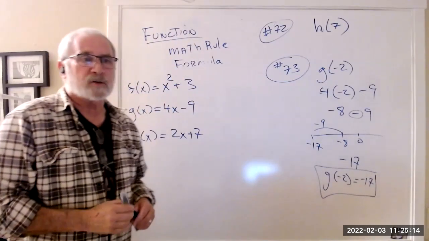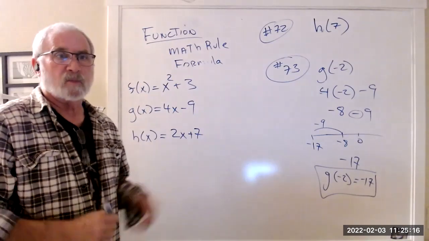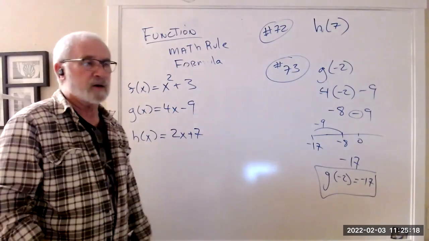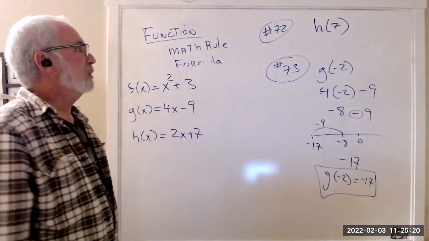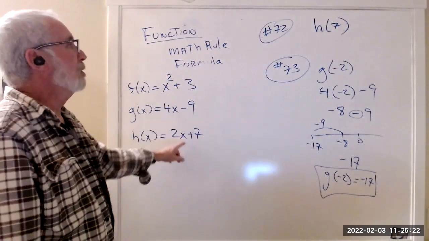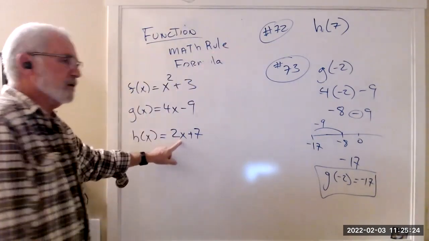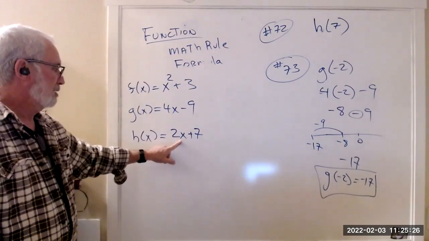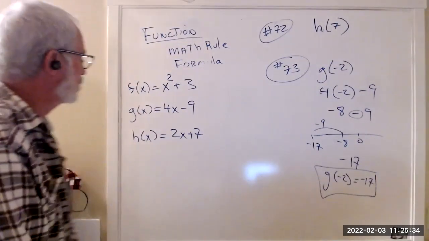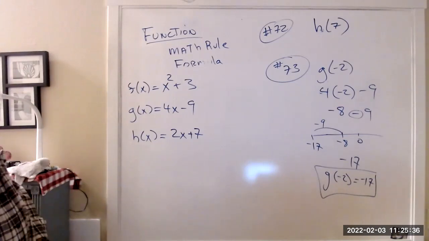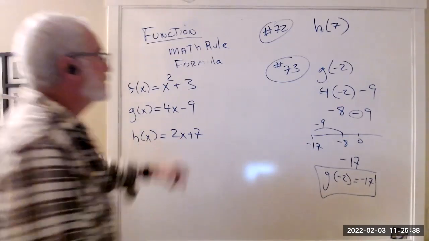So I'm just making these up. So H of 7 is, I think, 21.